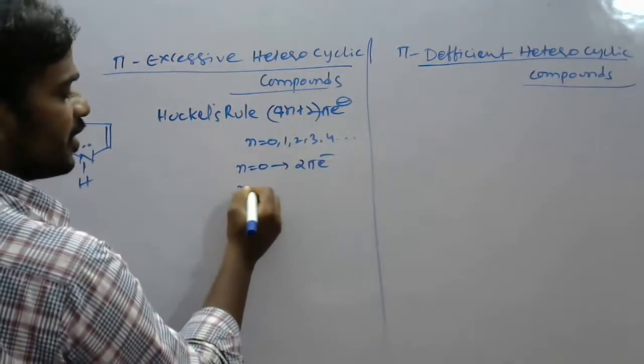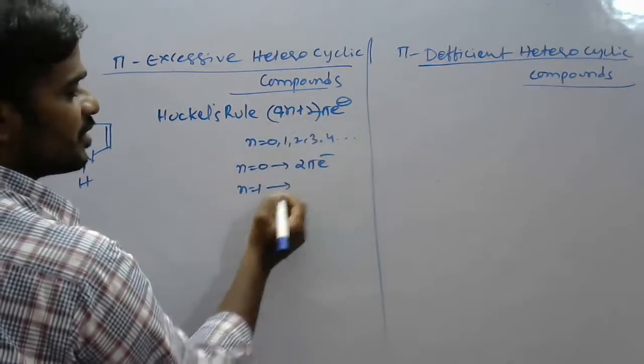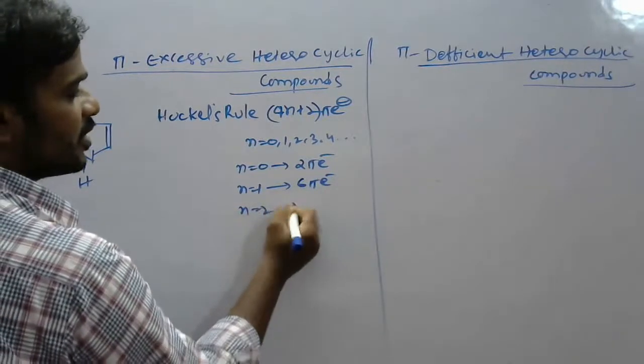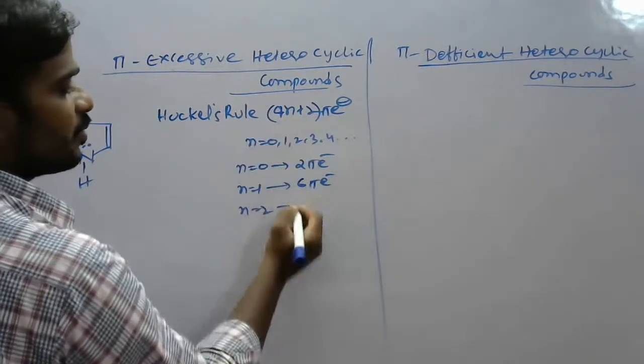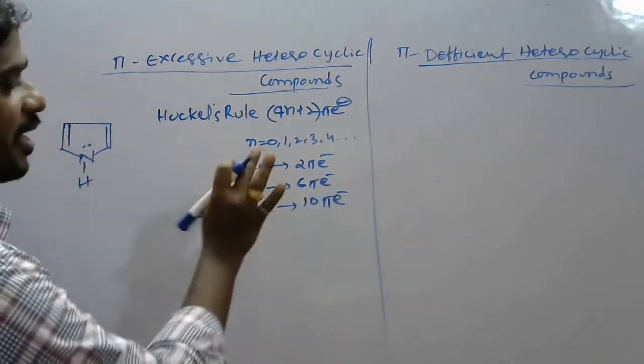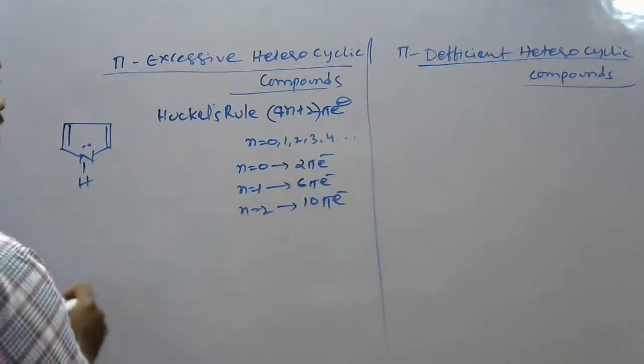When n is equal to 1, 4 plus 2 gives 6 pi electrons. When n is 2, 8 plus 2 gives 10 pi electrons. So the system according to Huckel's rule may have 2, 6 or 10 pi electrons. That is the first condition.